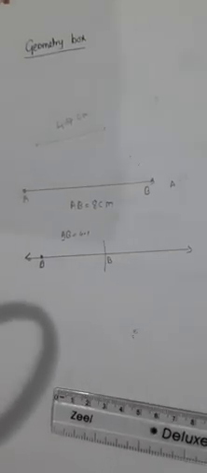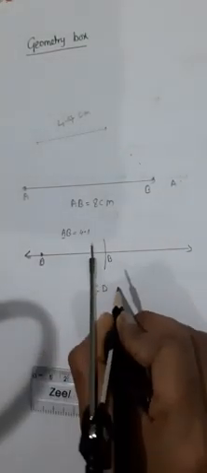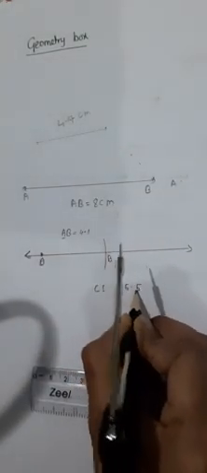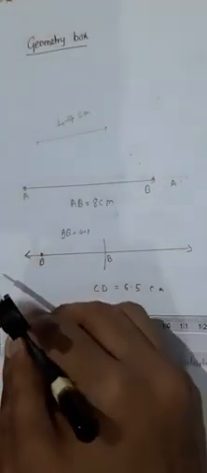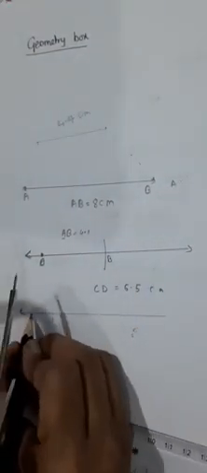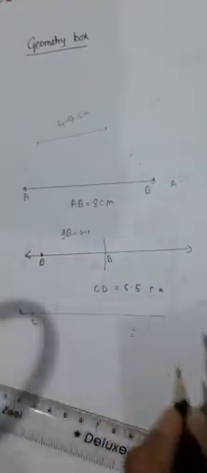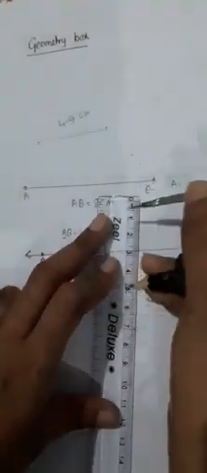Suppose I ask you to draw a line CD equal to 6.5 centimeters. How are you going to draw? First step, draw a big line and mark C, the first letter, here. Okay, 6.5. So where is 0? Here.